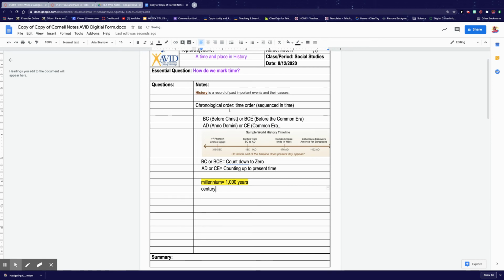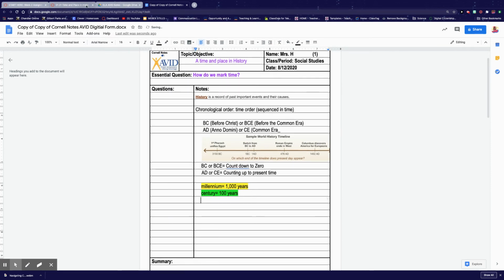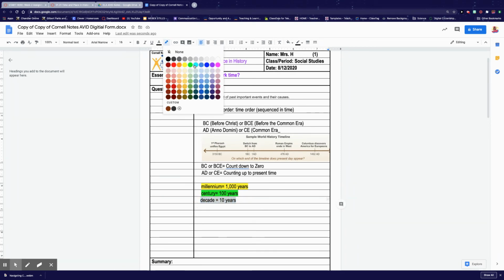Century is 100 years. And we'll highlight that one in a different color. And the last one was a decade, which is 10 years. I love the tens, thousands, hundreds, easy when you're dealing with zeros.